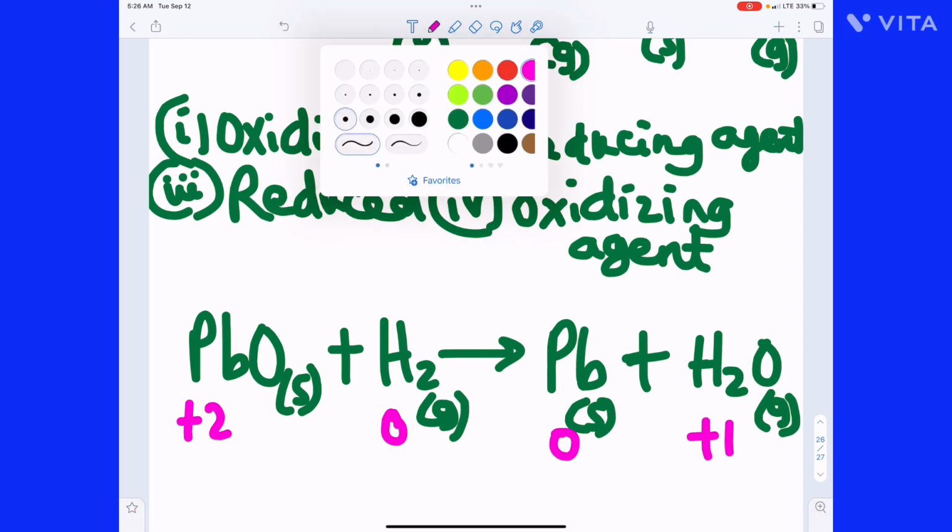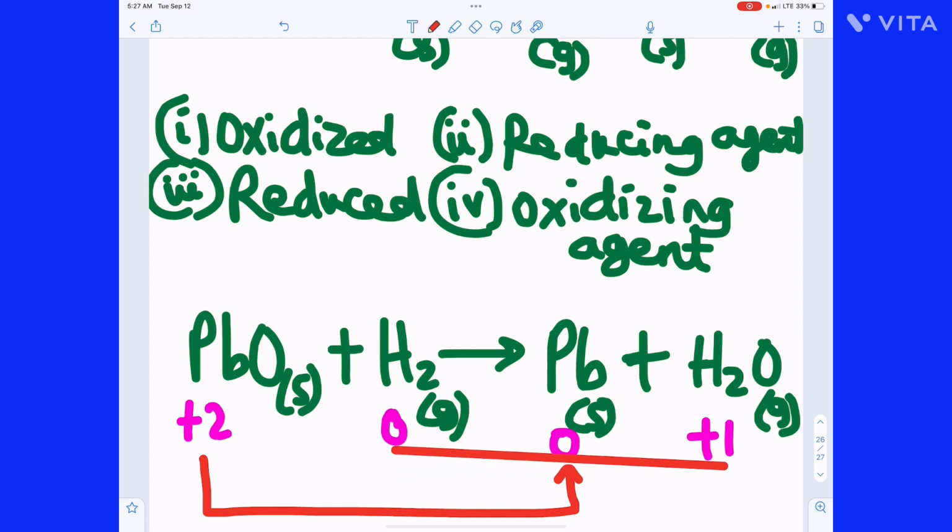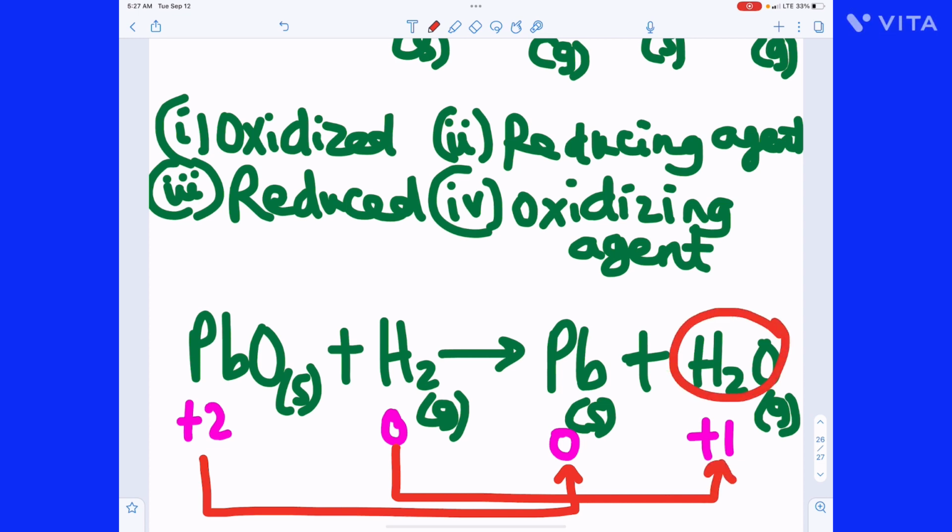So you will notice that the oxidation number of lead has reduced from +2 to 0, and that of hydrogen increased from 0 to +1. In water, the oxidation number of hydrogen is +1, but alone it is 0.